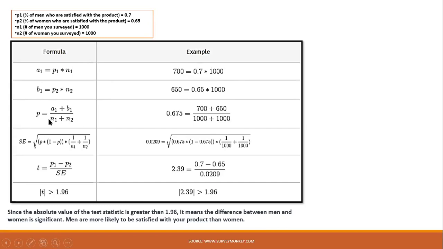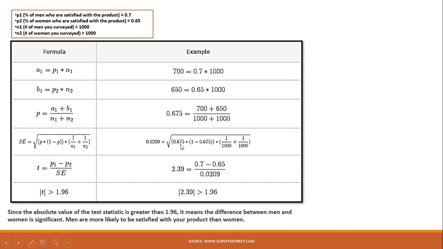Now let's try to calculate their significance. So 700 plus 650 divided by 1,000 plus 1,000 equals 0.675. Now, continue the calculation. I just followed this formula here.